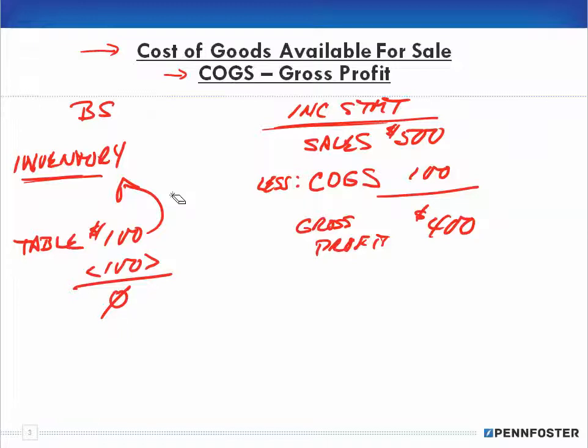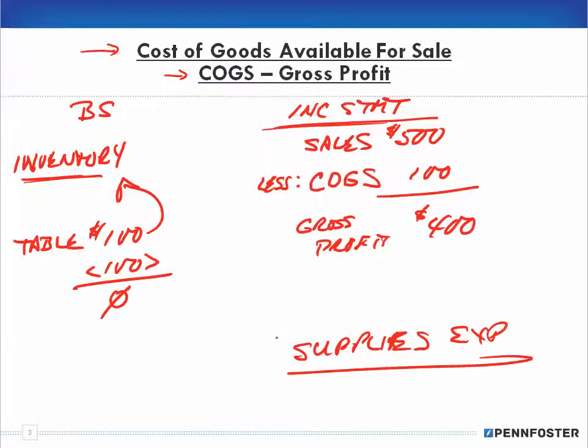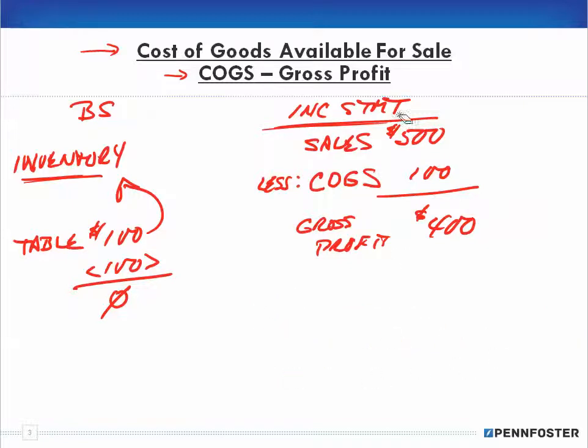As I'm working through stuff, if I have the big picture in my mind, I know where to zoom in. If I'm talking about cost of goods sold, then I don't have to be messing around with, maybe down here, a supplies expense, right? Well, that has nothing to do with cost of goods sold. So I don't have to concern myself with the expense section of the income statement, I can only zoom in on the revenue section and understand it from that perspective.